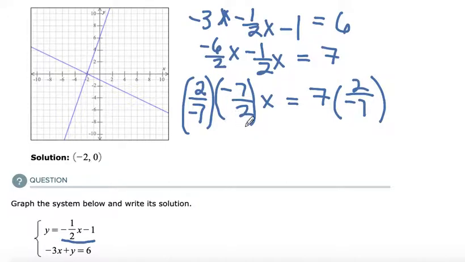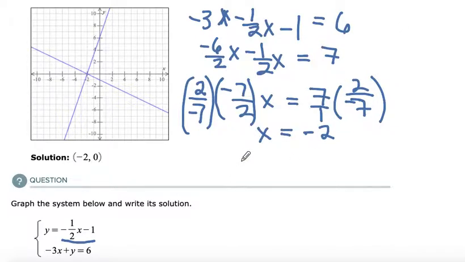Negative 14 divided by negative 14 is just 1, or 1 times x, which is just x. And that equals, if we make this a fraction, 7 divided by negative 7 is negative 1 times 2, so that would be x equals negative 2.